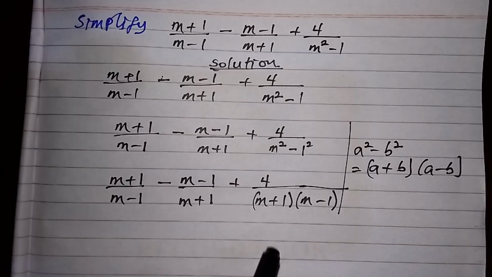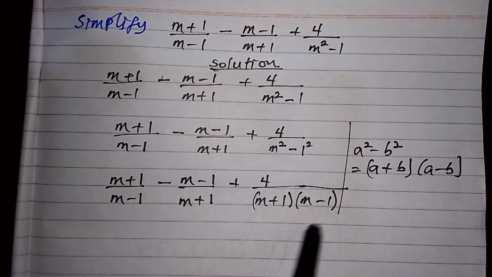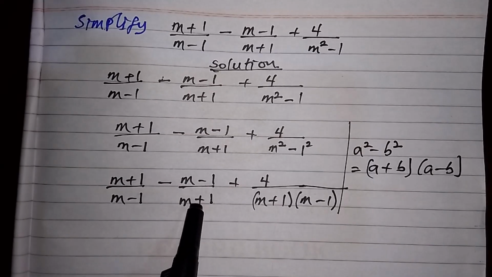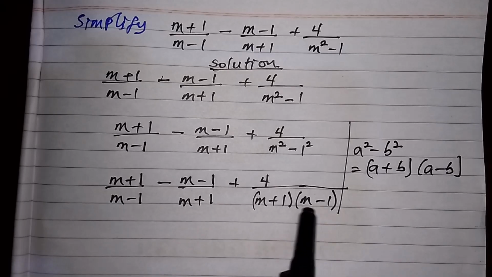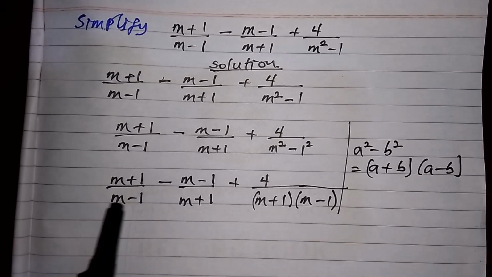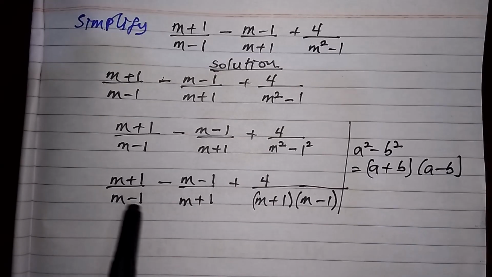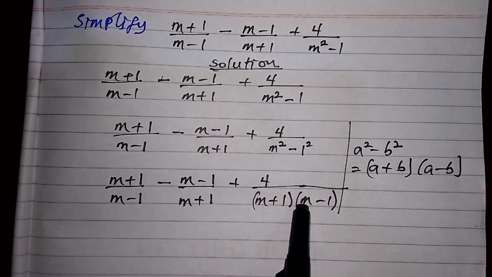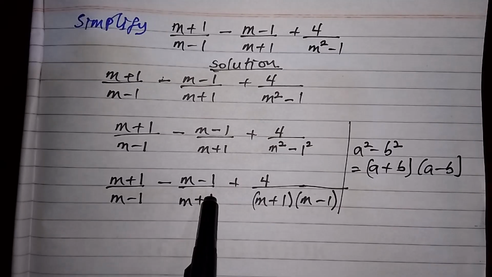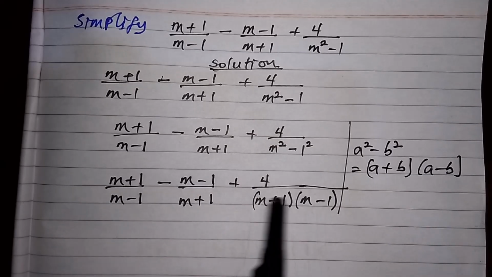So this is being written as this. Now there's m plus 1, there's m minus 1. m plus 1 can be seen in the other fraction, and m minus 1 can also be seen in the other fraction, talking about the denominators. Since there is m plus 1 and m minus 1, these two denominators are the same as the ones we are seeing over here.